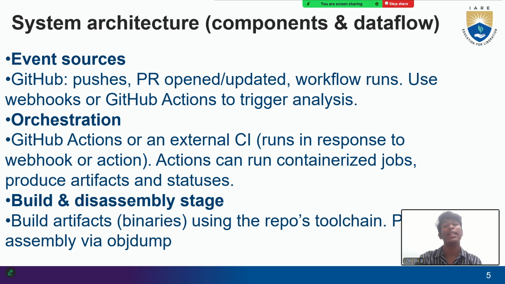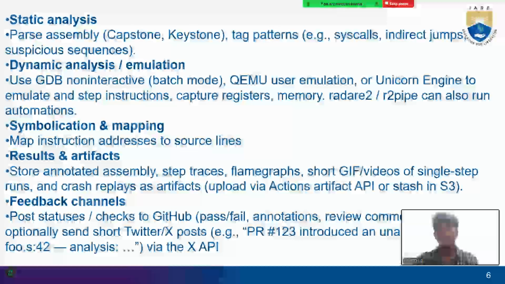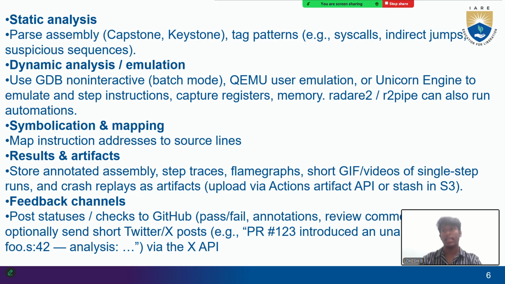Build and disassembly stage means building artifacts, that is binary builds, using the repo toolchain and producing assembly via objdump. Static analysis parses assembly with Capstone or Keystone and tags patterns; examples are syscalls, indirect jumps, and suspicious sequences.